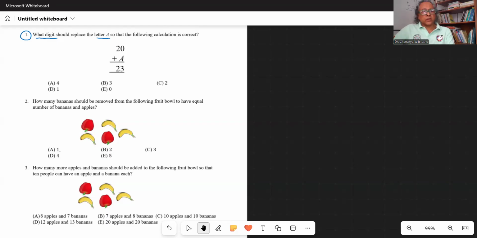You can figure this out by simply counting from 20. Because it's a digit, when you add this digit, what are the digits, by the way? We have 10 digits in our number system: 0, 1, 2, 3, 4, 5, 6, 7, 8, 9.